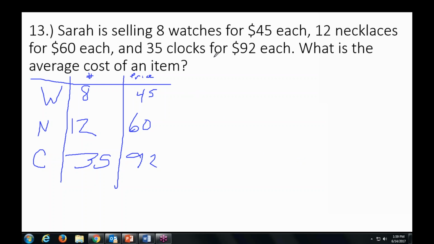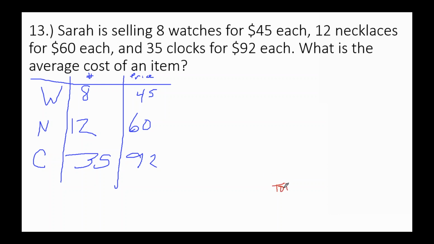All right, we're going to keep the same concept from the last one. Remember in the last problem we did total quality points divided by the total weight, right? Because we don't have weights in this one, we want to know the average cost. So we're looking at total cost over the total number of items.